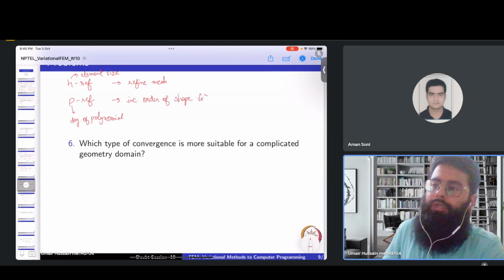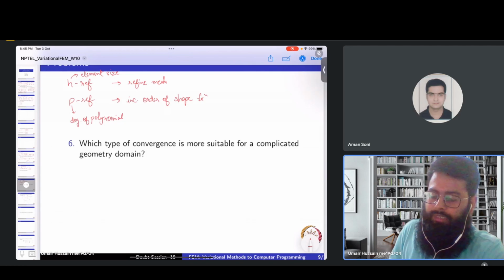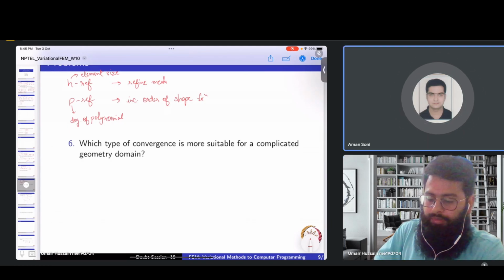Both of these techniques would improve our result and reduce the error, but we have to determine which one is better for our situation. Complicated geometry domain. Increase the order of shape function?